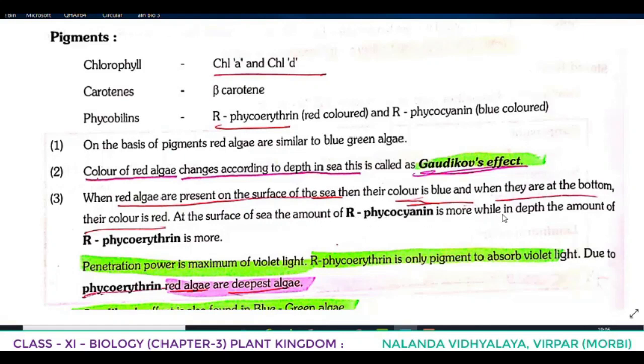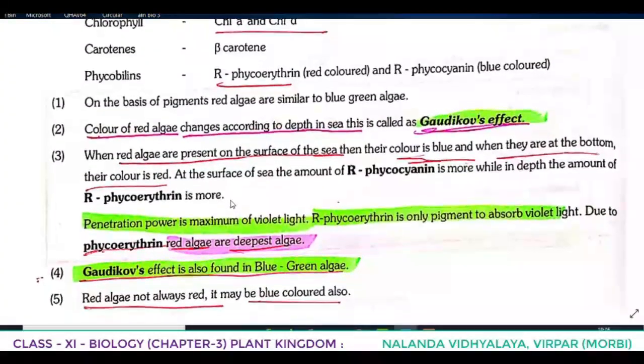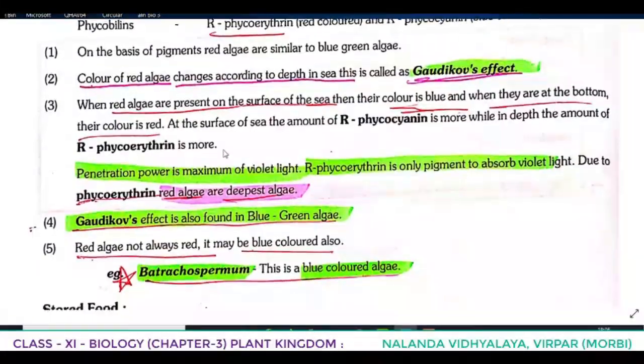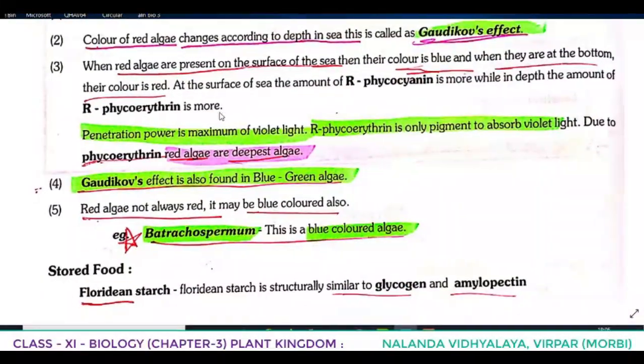See here the point. When red algae are present on the surface of the sea, then their color is blue because R-phycocyanin is more at the surface. And while in depth, the amount of R-phycoerythrin is more. So obviously erythrin means you have to understand the color will be red. When going to the depth, the color changes from blue to red because of R-phycocyanin and R-phycoerythrin. Penetration power is maximum of violet light.